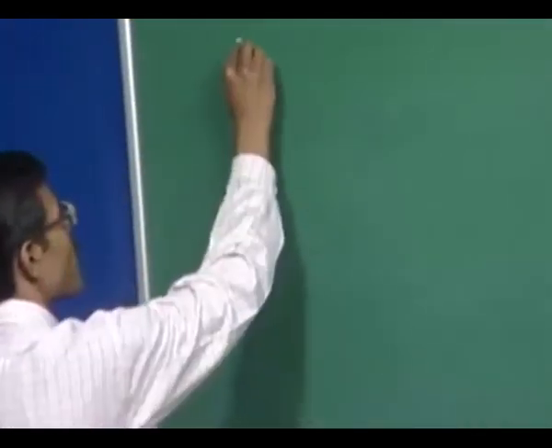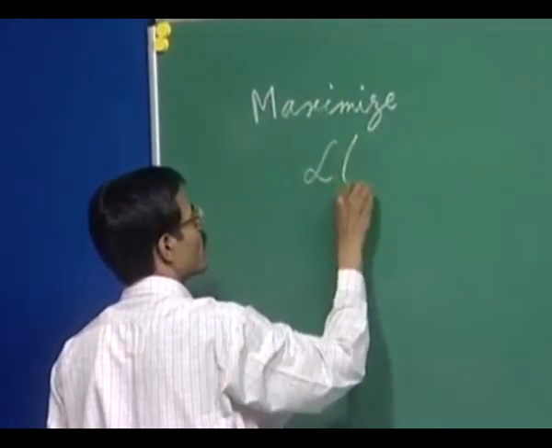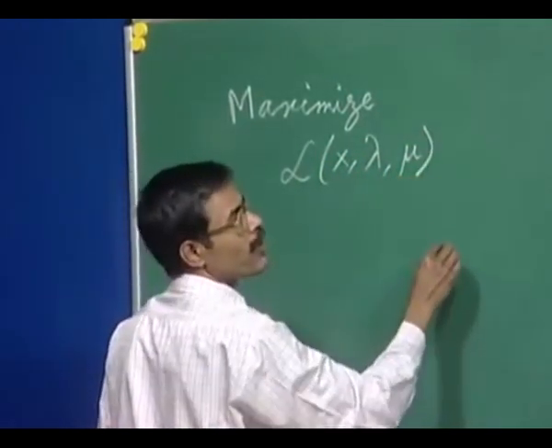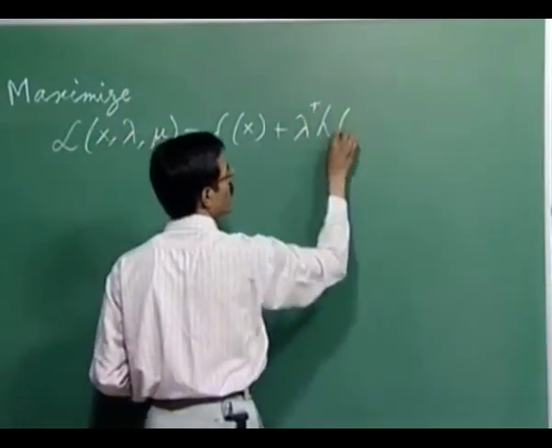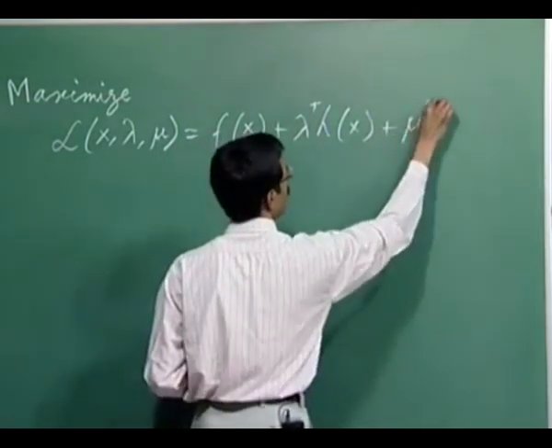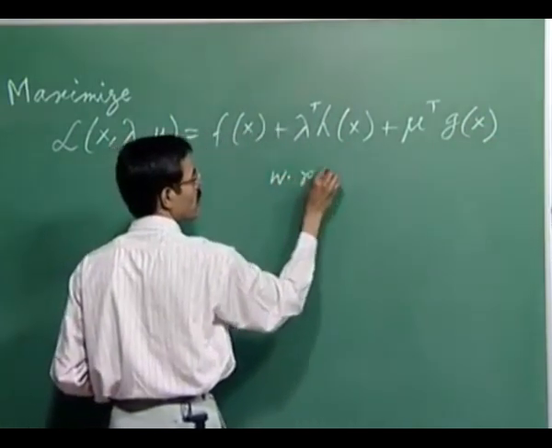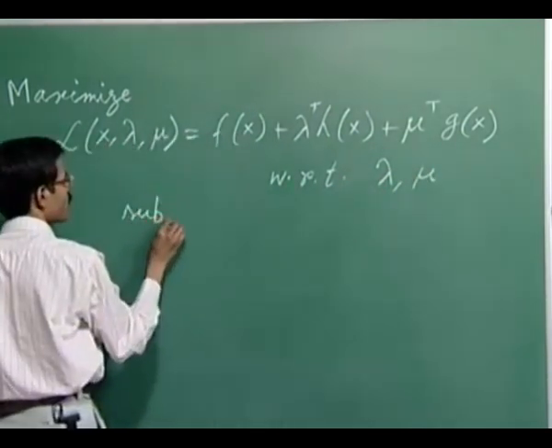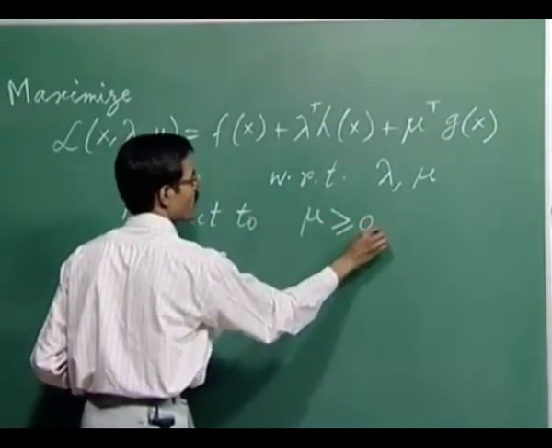Now, here we consider this problem: maximize the Lagrangian function with respect to lambda and mu, subject to mu greater than or equal to 0.